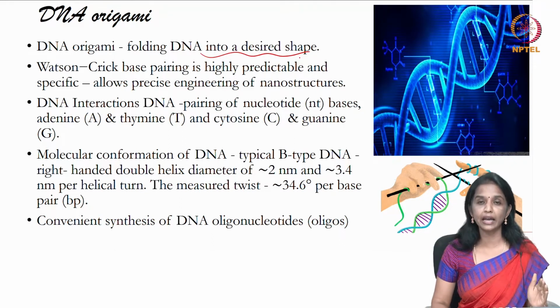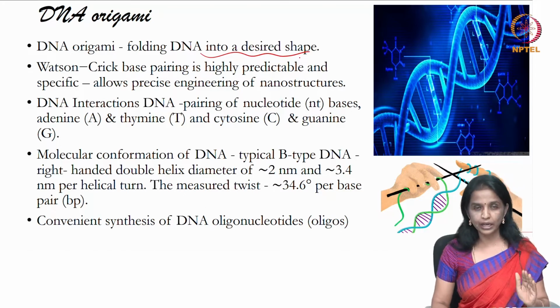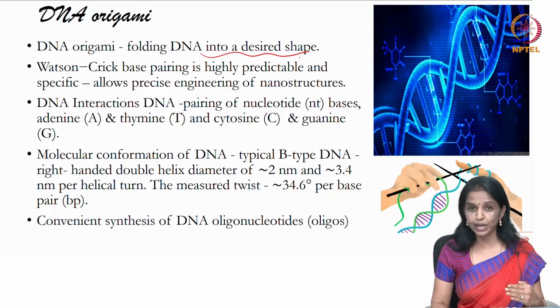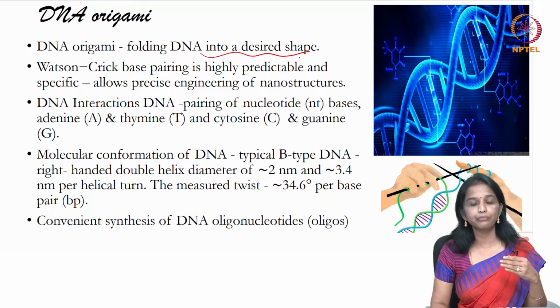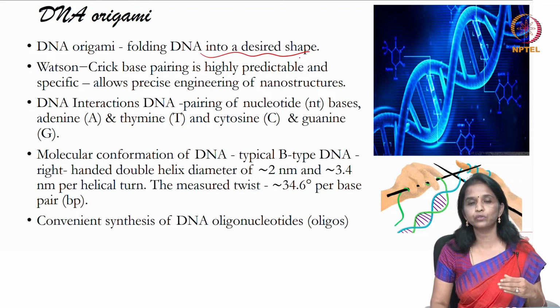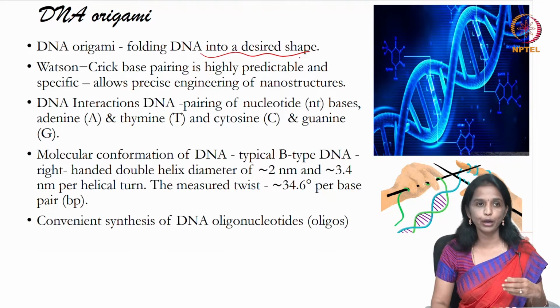So how does DNA help in this? We all know that DNA is made of nucleotides and the pairing happens with a definite sequence, and that definite sequence doesn't change at all. This specificity is what makes DNA origami a most sought after technique for biomimetics.